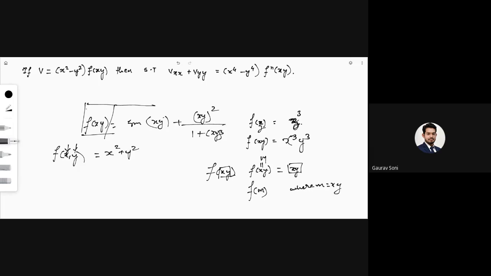It will never have x and y separated. So this expression means that I can put x into y as m and you will get a function of one variable. If there is any doubt, you can ask, or I will go ahead with this.